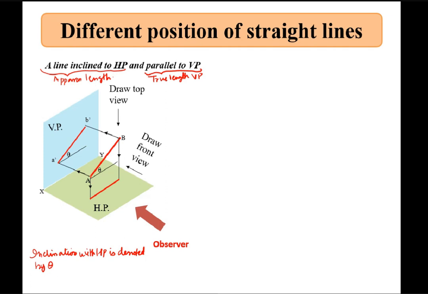Now, when I draw projectors onto the HP, the length of the projection that I get is shorter than the line that you have. Say if this AB is 30 mm, then this top view will be shorter than 30 mm. Is it clear to you? Yes, sir. Obviously this will be shorter because the line is inclined.